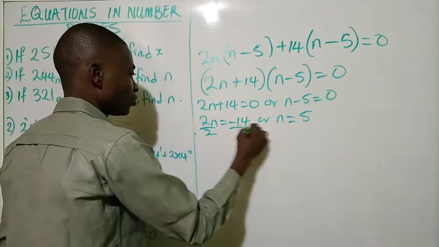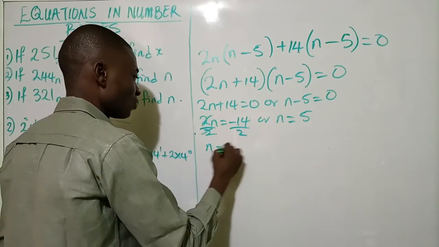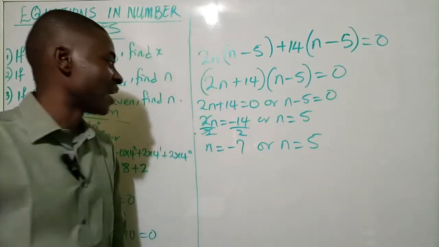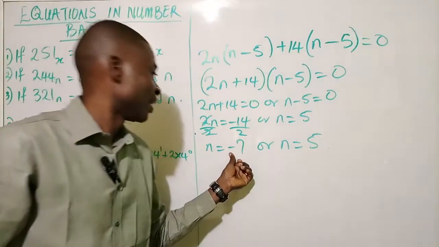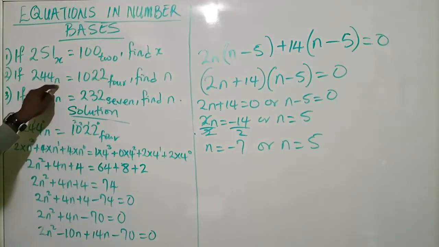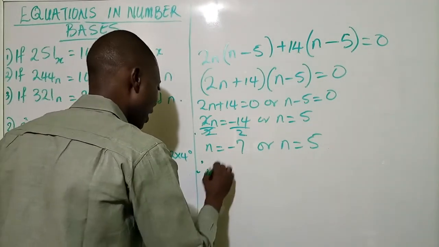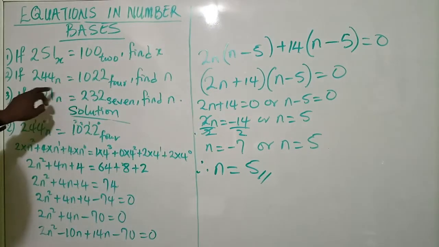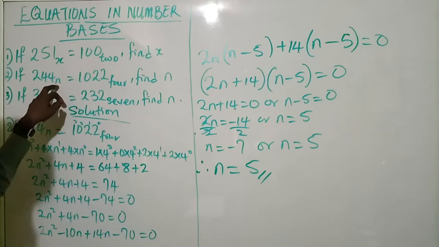So divide both sides by 2. So n is equals to minus 7, or n is equals to 5. Again, our base cannot be a negative. So that means that therefore n is equals to 5.